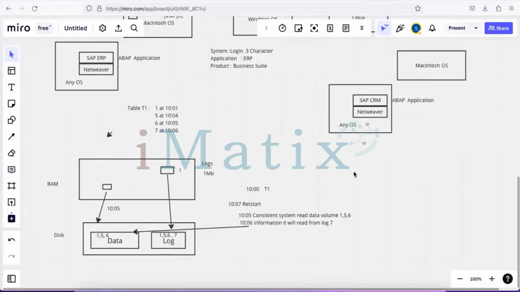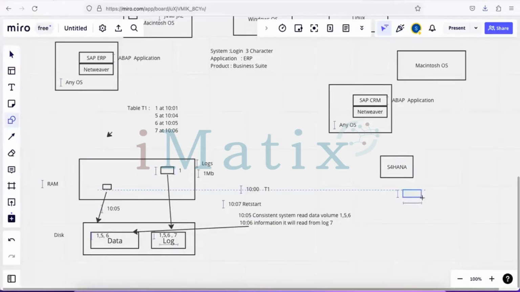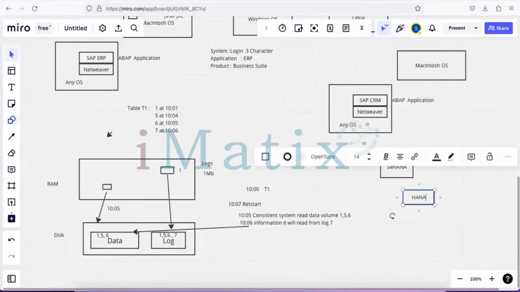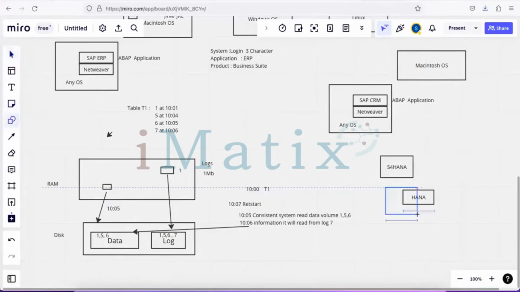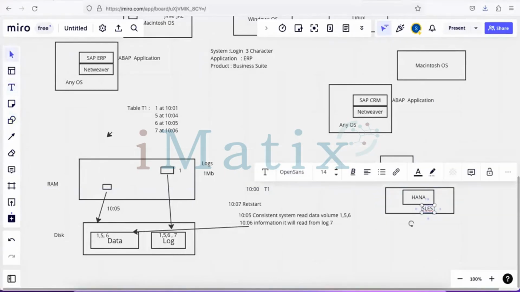But again, you are a little bit confused. As I said, HANA is in memory. S/4HANA is different than HANA. S/4HANA is an application, HANA is a platform. HANA can run only on SUSE Linux or Red Hat Linux.